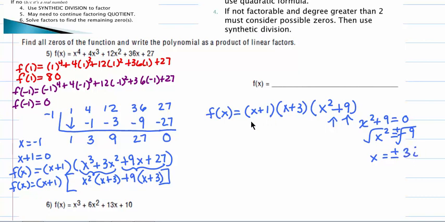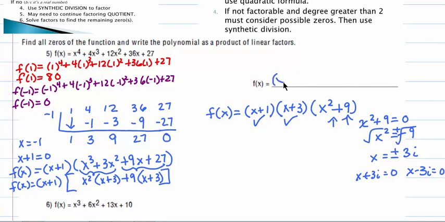I'm writing my factors. This factor is fine. This factor is fine. Remember, when I have to write them as factors, they have to be set equal to 0. Once again, I have to go backwards. So that would mean I would have x plus 3i equals 0, and x minus 3i equals 0.